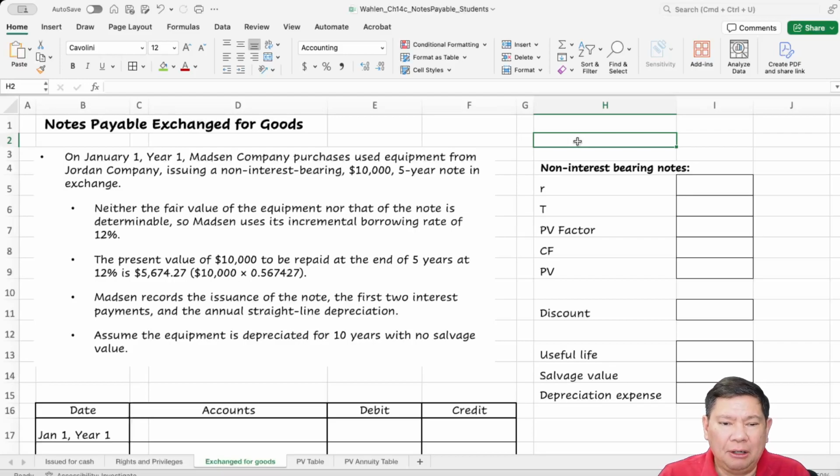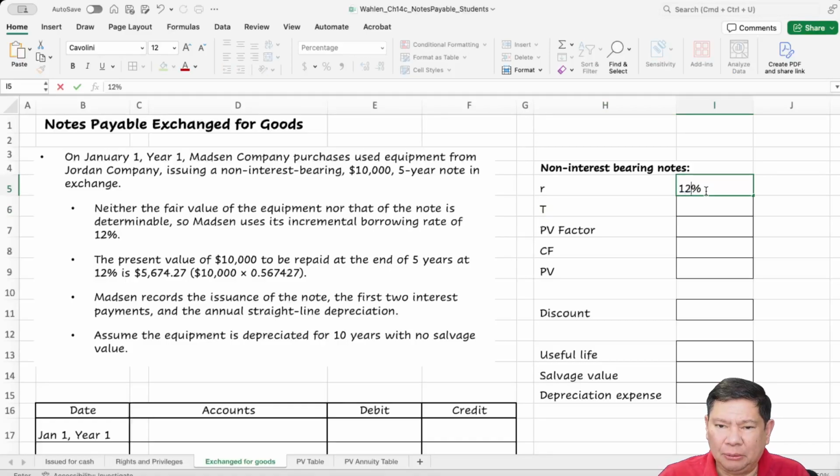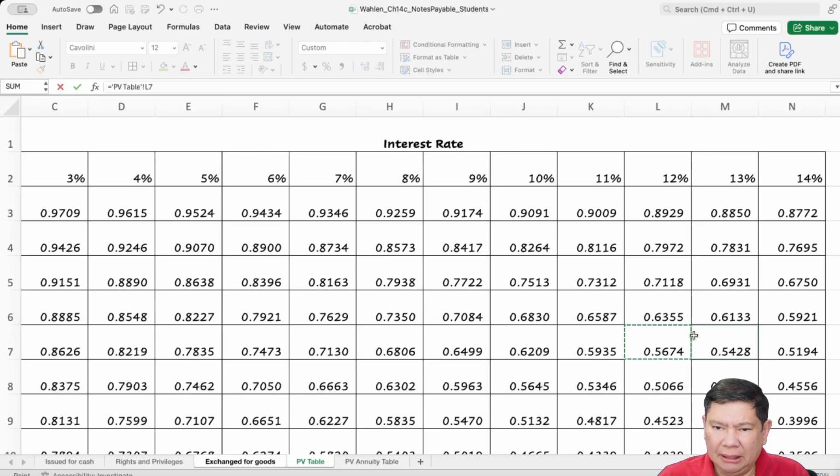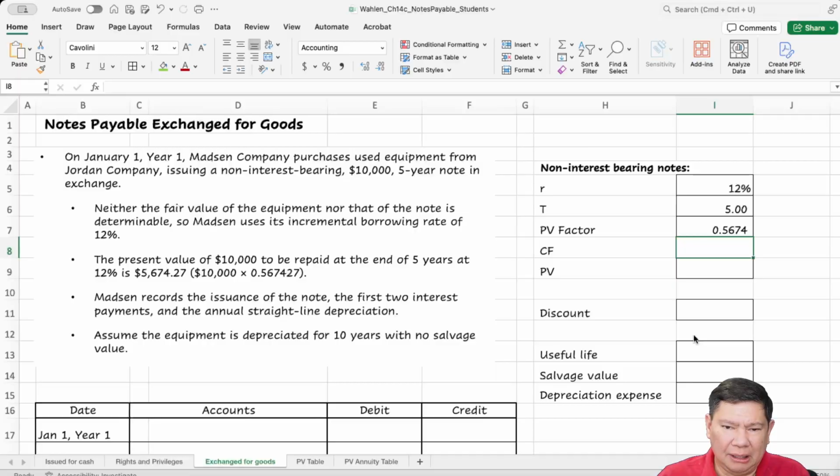Okay, the present value of $10,000 to be repaid at the end of year 5 at 12% is 5674.27. So our interest rate is 12%, 5 years. So we can look at the present value table, 12% at 5 years, 1, 2, 3, 4, 5, 0.5674, right?